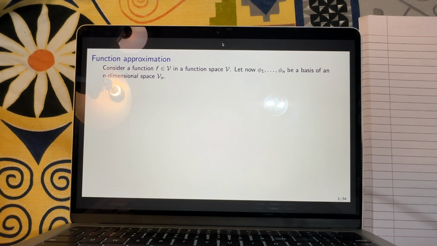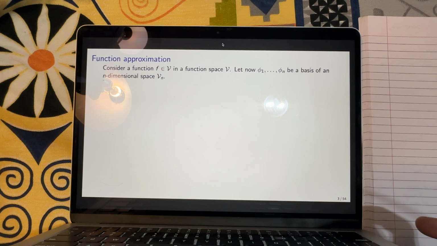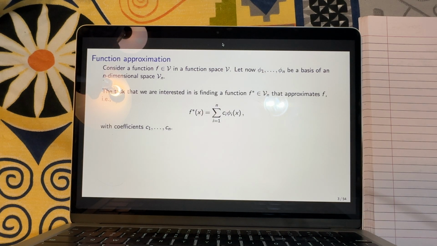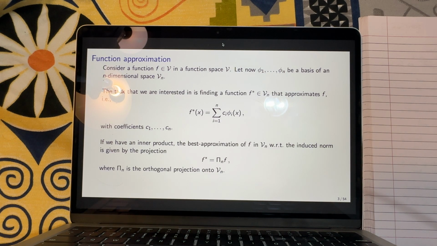So consider a function in a function space. Let's find a basis of the n-dimensional space Vn. The task we are interested in is finding a function v star that approximates f, with coefficients equal to Cn. If we have an inner product, the best approximation of f in Vn with respect to the induced norm is given by the projection, where pi n is the orthogonal projection of f onto Vn.